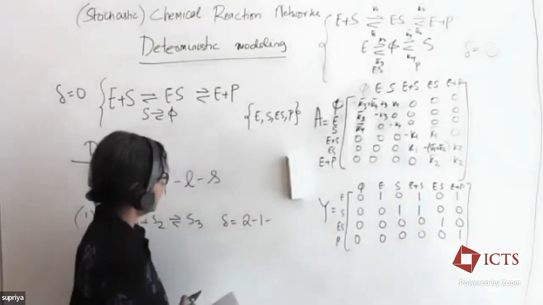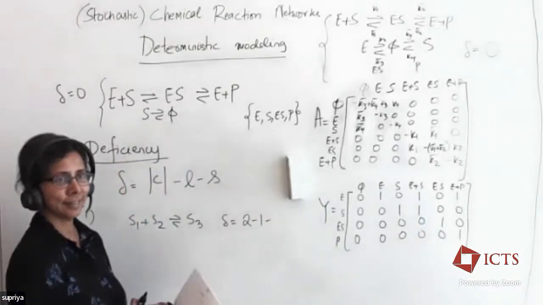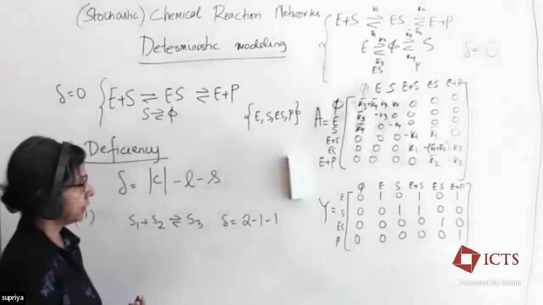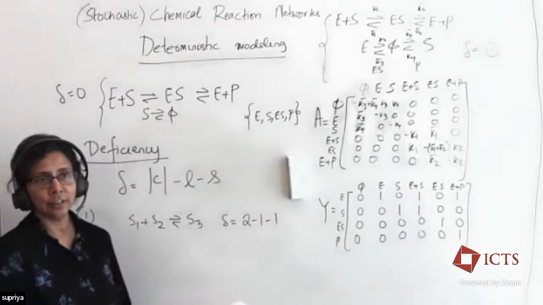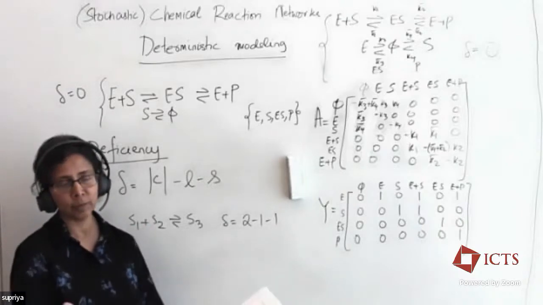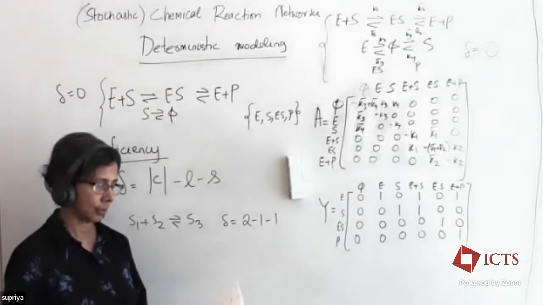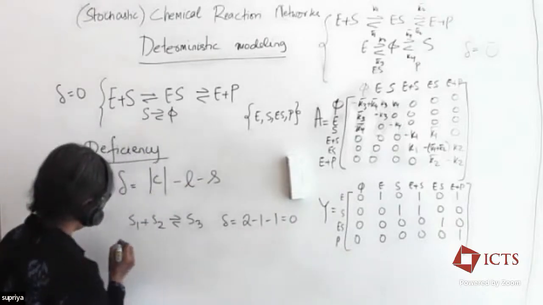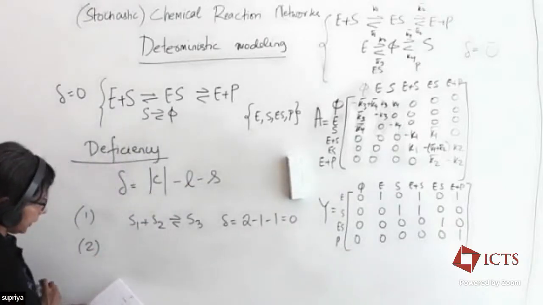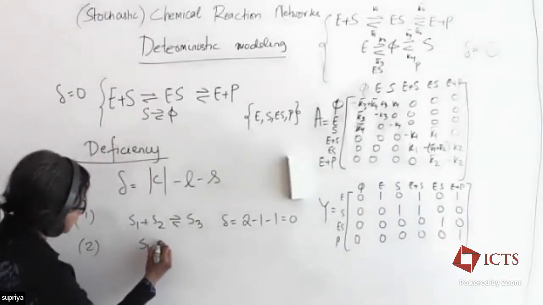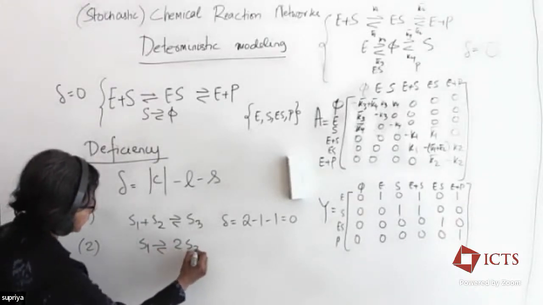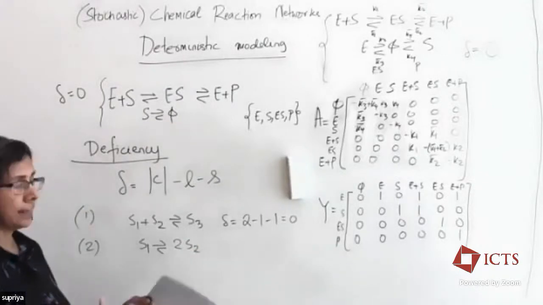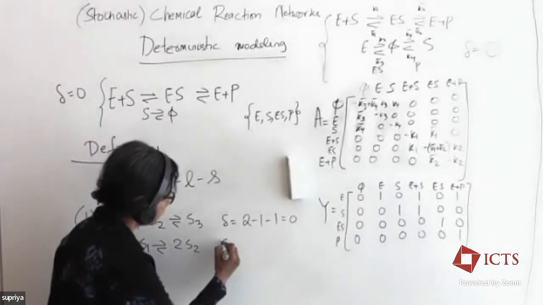And then the stoichiometric subspace? That's 1. Yeah, exactly. So in this case, easy to see. Only one reaction. So that's 0. What about something like this? Same case, right? Everything is the same. Deficiency is again 0.